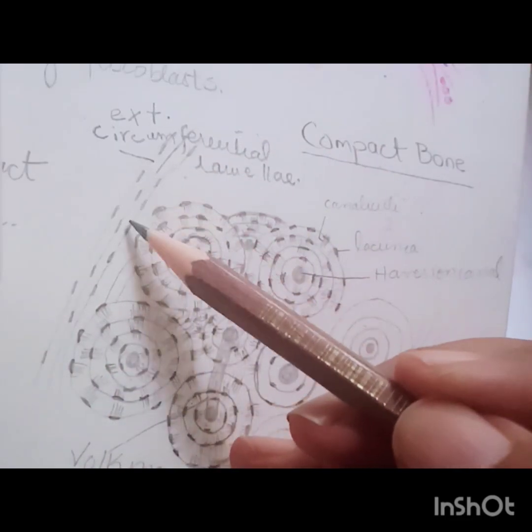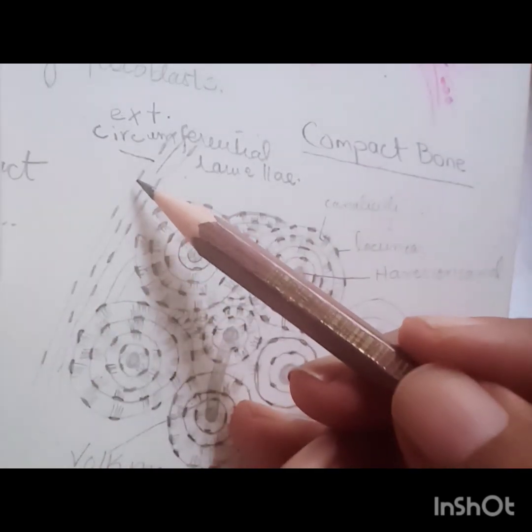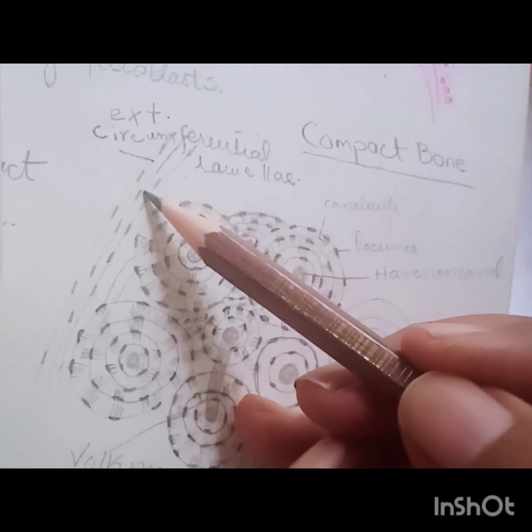These external circumferential lamellae form the outer surface of the compact bone, and it is that part of the bone which is located just beneath the periosteum.